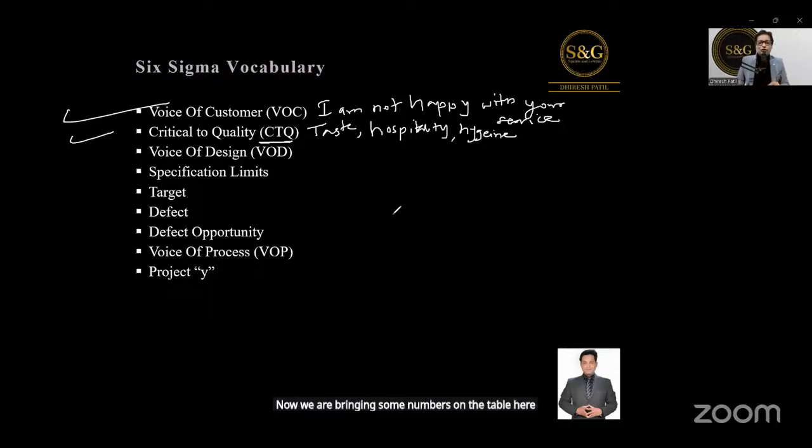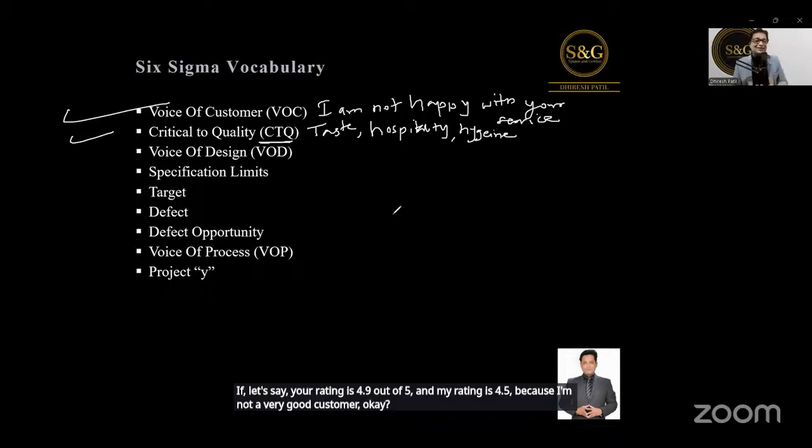Correct? And most of us are not aware that the same driver also gives the rating to the company about you. So it is vice versa. It's both sided. And you know what? There is an algorithm in which, let's say your rating is 4.9 out of 5 and my rating is 4.5, because I'm not a very good customer, I'm a very rude customer.